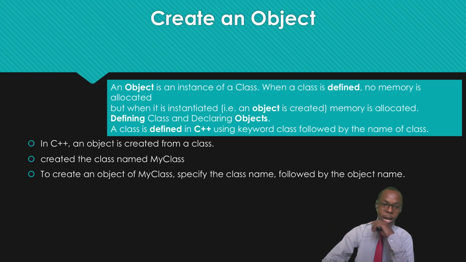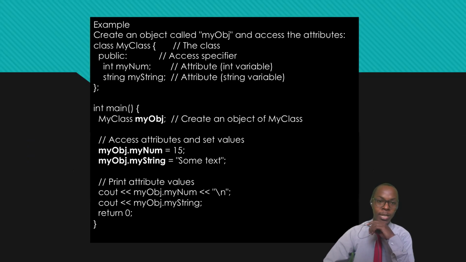So how are you going to declare the object? This is the class, as you can see on the top. Starting from int main, there are two ways of declaring the object.